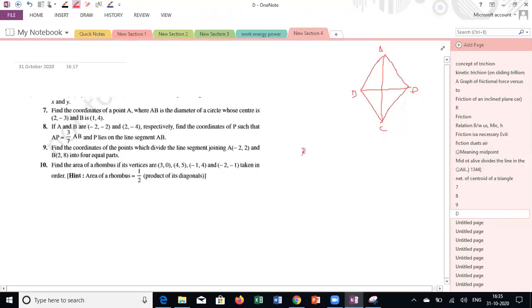Half into product of diagonals. So don't think this is a question related to area of the triangle if they gave it in the question. So find, this is A, B, C, D. Find the AC length using the distance formula. Find the BD length using the distance formula and calculate the area of the rhombus.